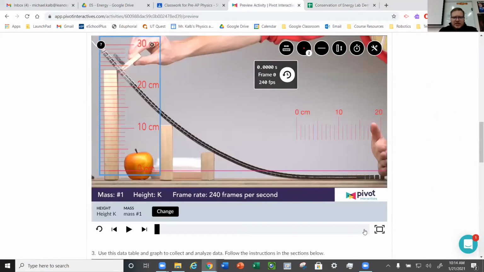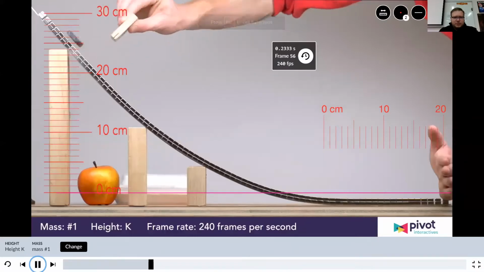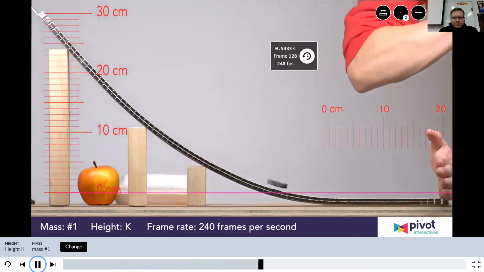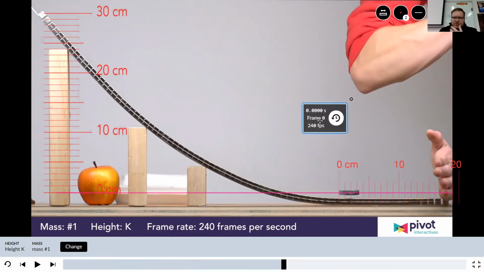Now, for velocity, if we go back to this, you can see right here, looks like about that frame, it's gone horizontal. So that's where I'm going to want to set up the start of my scale and 0 my timer, because I can use the velocity or I can use distance and time to find velocity or speed.